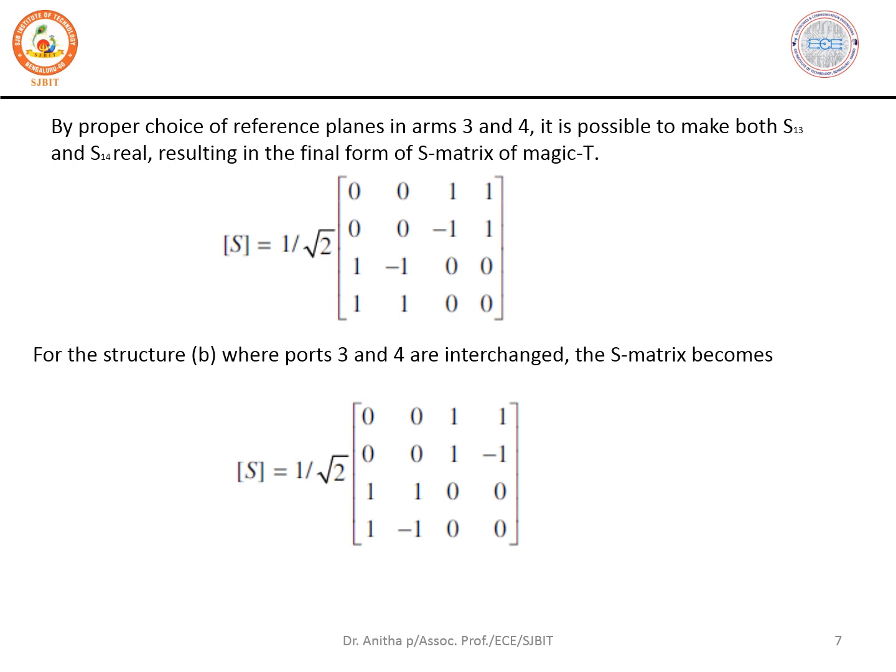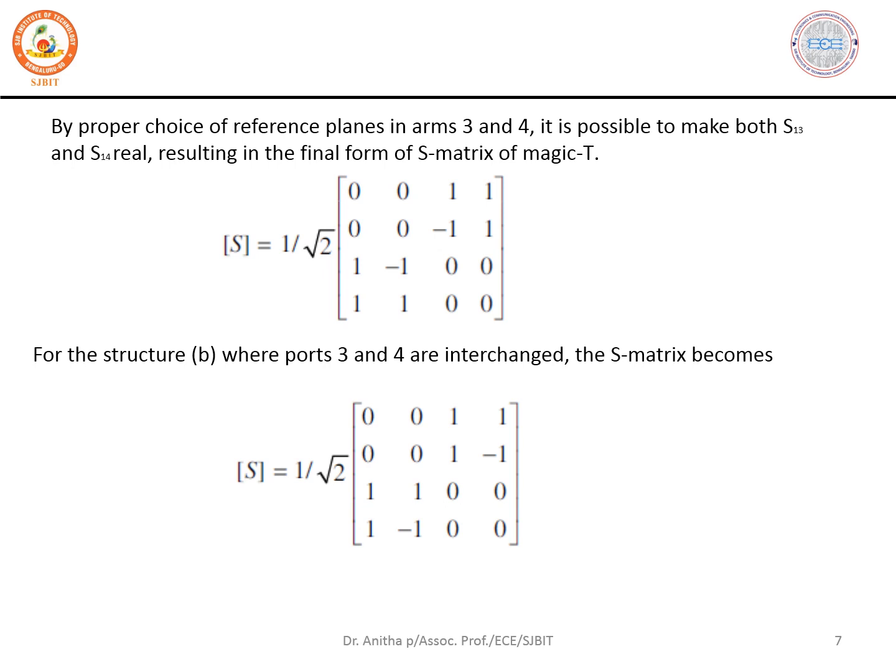In a similar manner, if I interchange the ports, you can observe the variation in the S matrix. And in the same manner as we had seen in case of the E plane and H plane T, here also you can write the 4 equations relating B equals S into A, 4 equations like B1, B2, B3, B4.